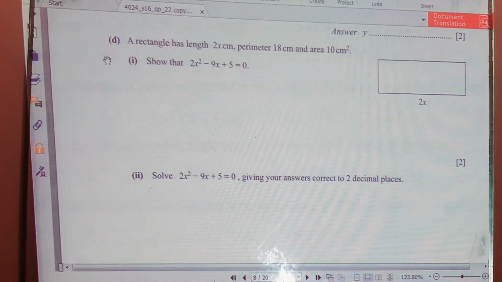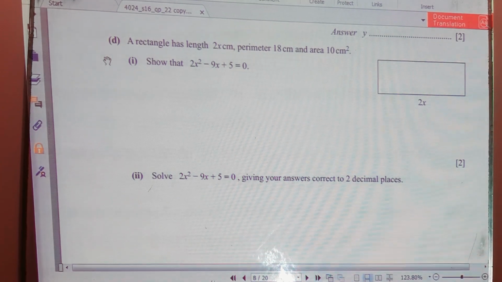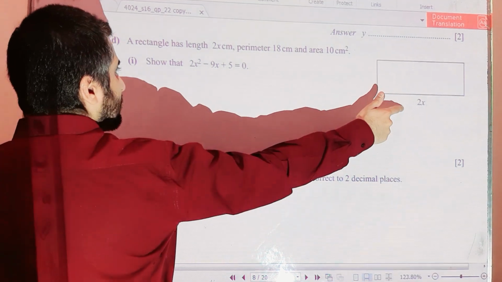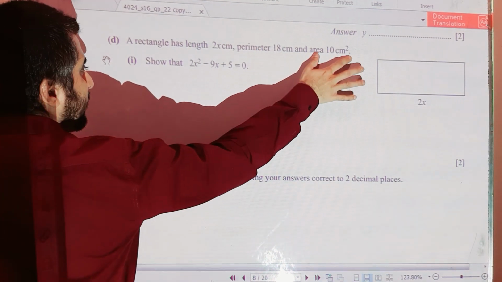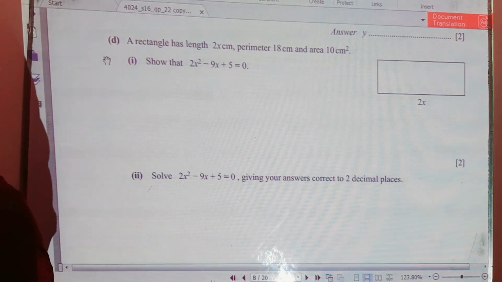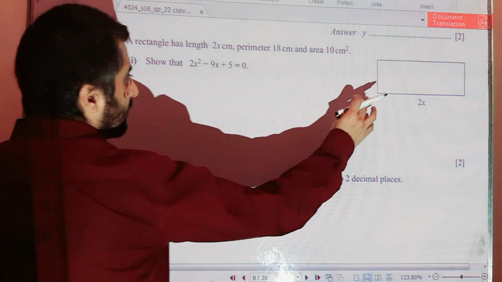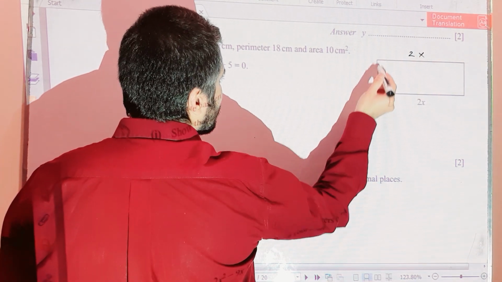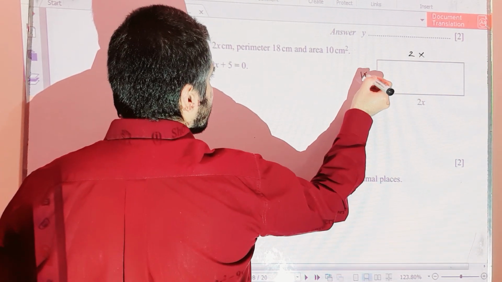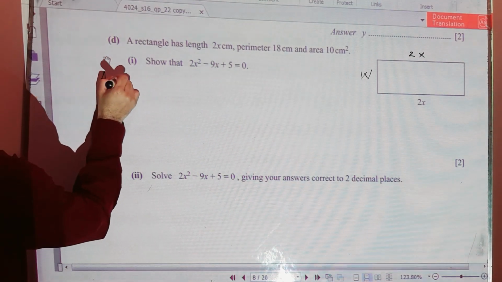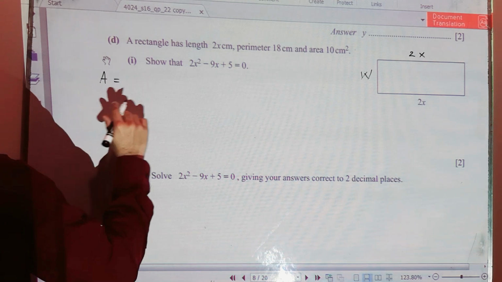Part number D for question number 5 is a rectangle which has a length 2x, perimeter 18, area 10. We need to show this. Now basically we have been given the length which is 2x, then this must be 2x. We don't know this width, let's suggest it as w. Now as you know that area is length into width.